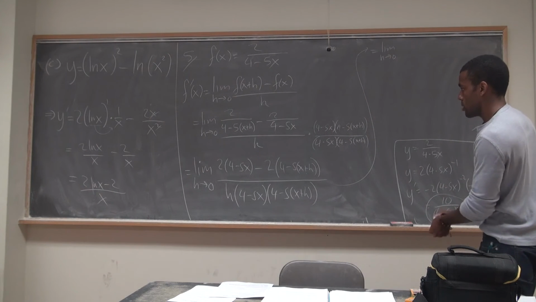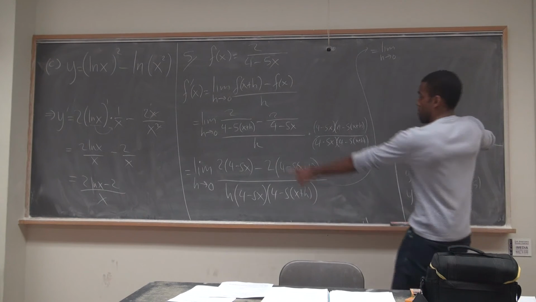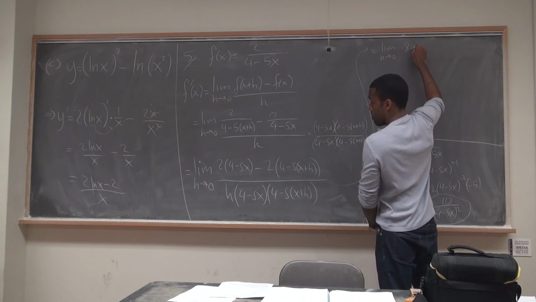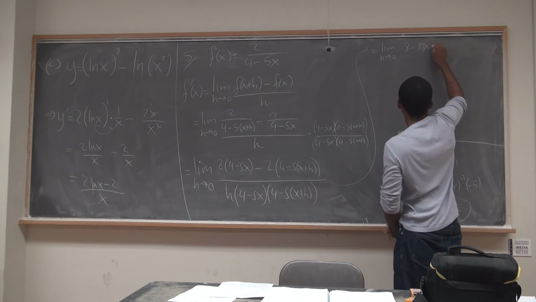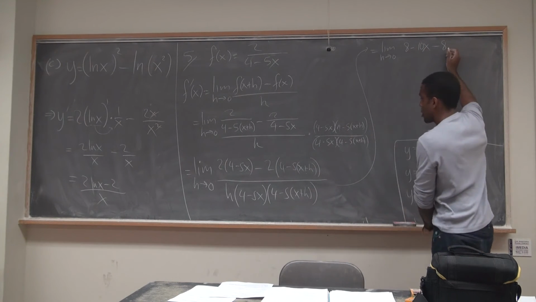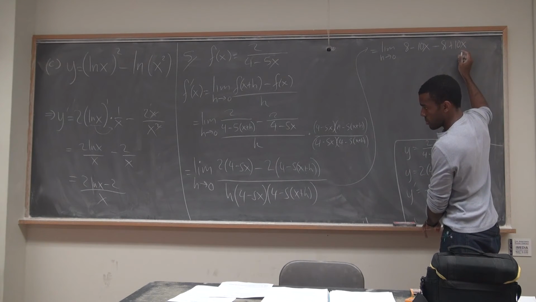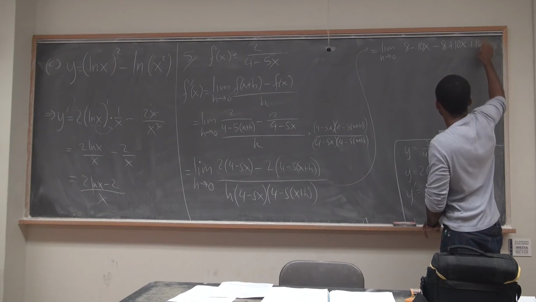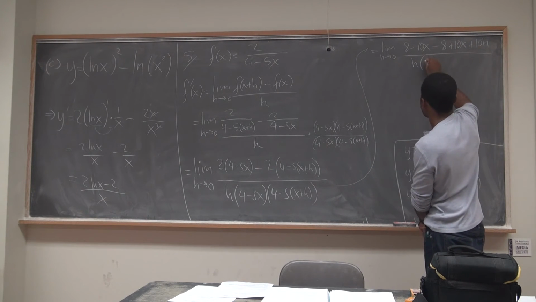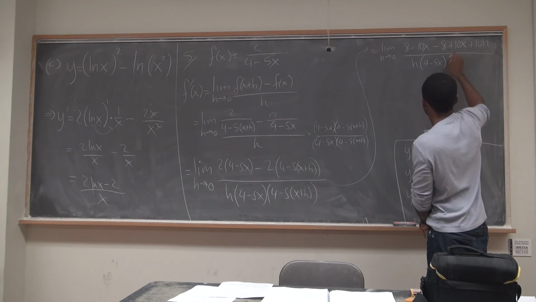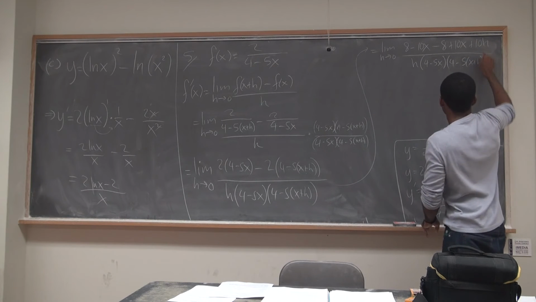And what do I have here? I'm going to have 8 minus 10x minus 8 plus 10x plus 10h all over h times 4 minus 5x times 4 minus 5x plus h.